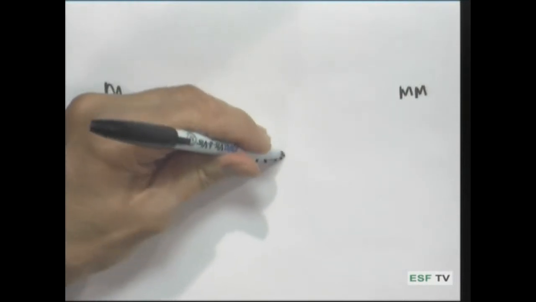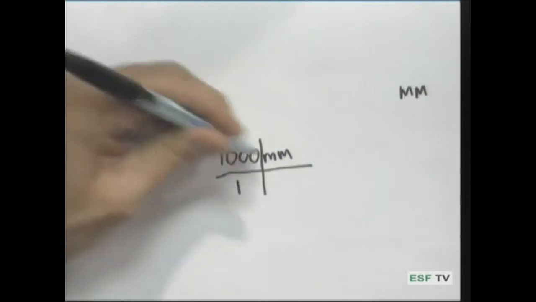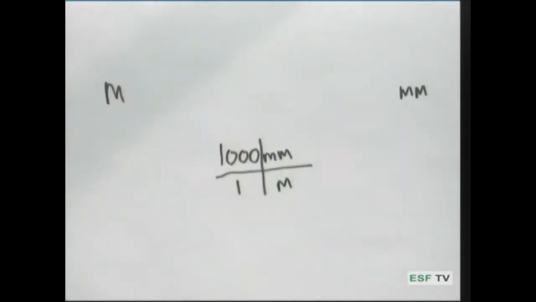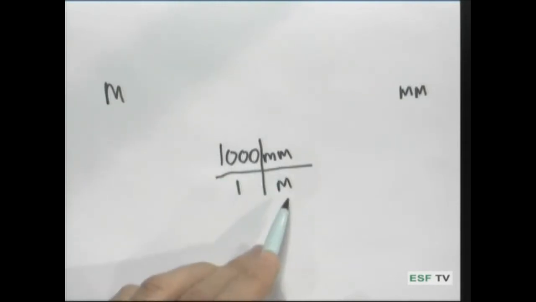And we say that there are 1,000 millimeters per 1 meter. Now you can see that I made a little matrix right here. We've separated the numbers, 1,000 to 1. There's 1,000 millimeters per meter. Okay? And this gives us the conversion factor.